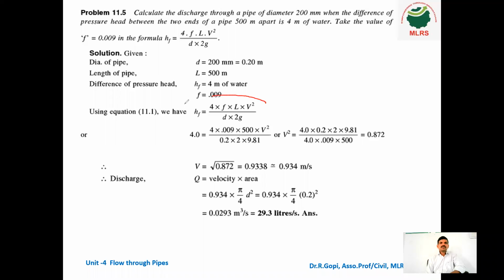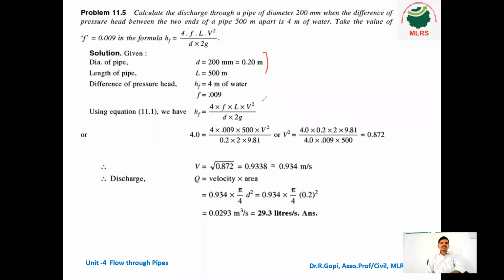First write down the data given and the formula. In this problem, the diameter of the pipe is 0.2 meter, and the length of the pipe, L, is equal to 500 meter. Next, the difference of pressure head is 4 meter of water, and f is given as 0.009.